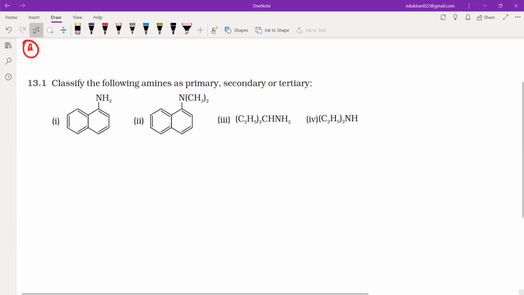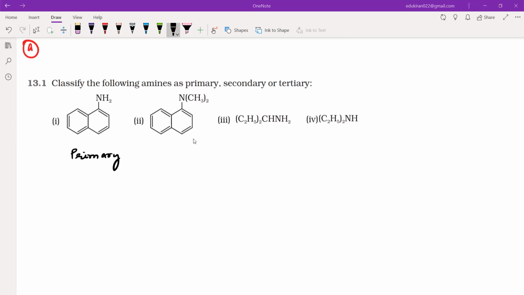Yes or no? You understand it, right? Yes, sir. So tell me quickly, all of you. 13.1. Primary, secondary, or tertiary? Primary. Very good. Sania, Fatima, Amalia, Ahmed, all of you understand this primary, right? Yes, sir. Okay. What about the next one?